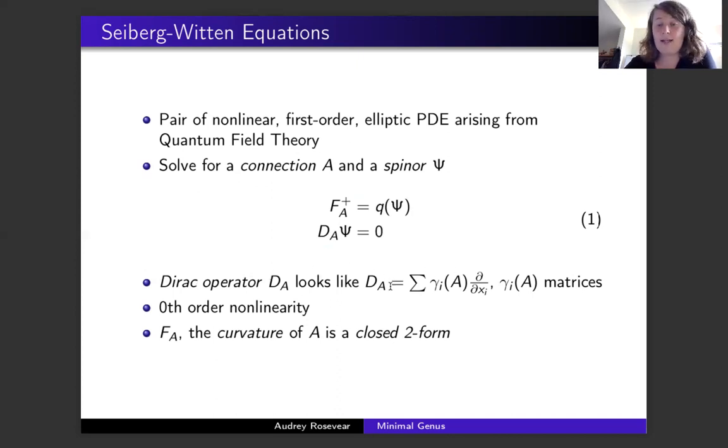It depends on A, and it roughly looks like a sum of first partial derivatives. The important thing to know here is that F_A, the curvature of A, is a closed-2 form, which, as I said earlier, gives you a homology class. So if you can produce a solution to this, by studying the behavior of the solution, you can learn things about the homology class it represents.